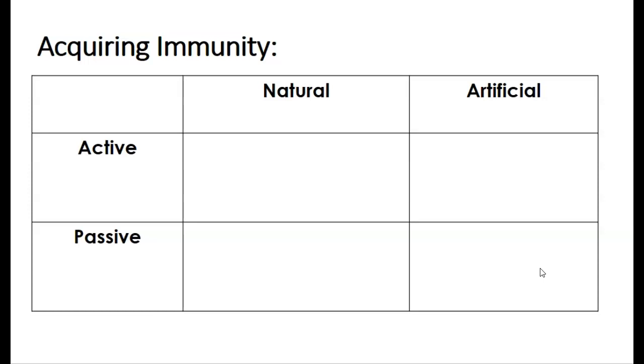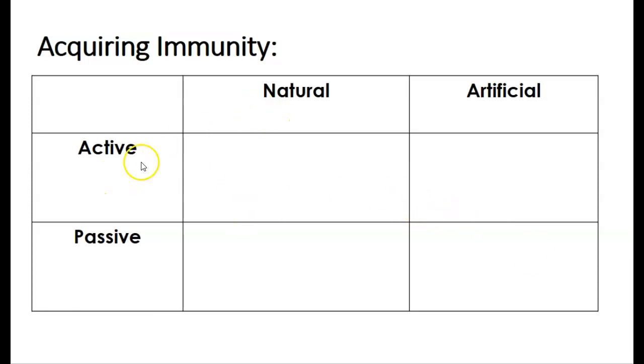You can have long-term immunity, where your body has a memory and is able to respond to a pathogen in the future, or short-term immunity, where your body can get rid of a current infection, but you won't retain any memory of that immunity in the future.